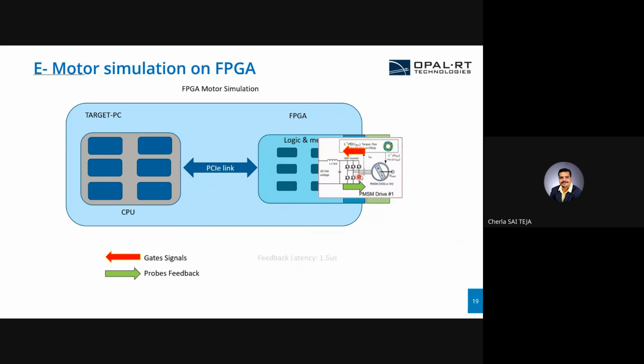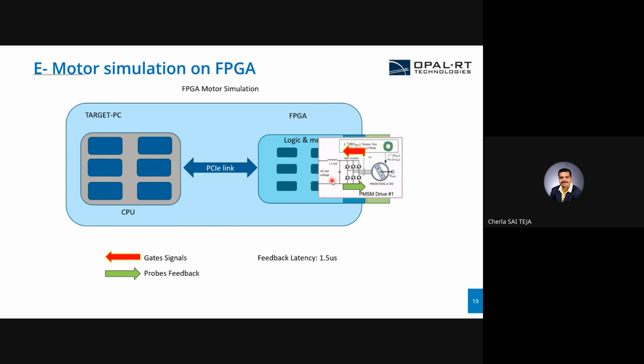Whereas when we run the same powertrain model on an FPGA processor, as the model is running on the FPGA, it can be directly sent to the IOs and to the external controller. There is no time delay for taking the data from the CPU to FPGA and then from FPGA to IOs. All this will be eliminated.